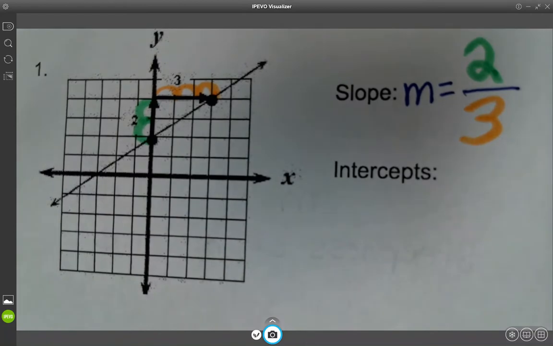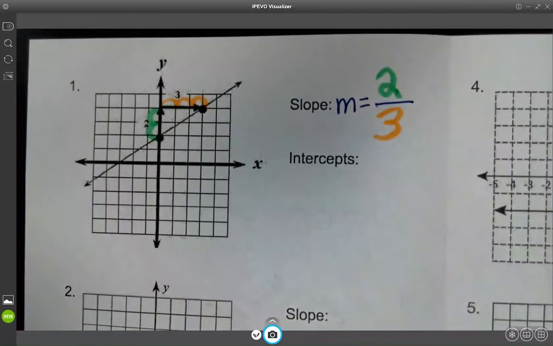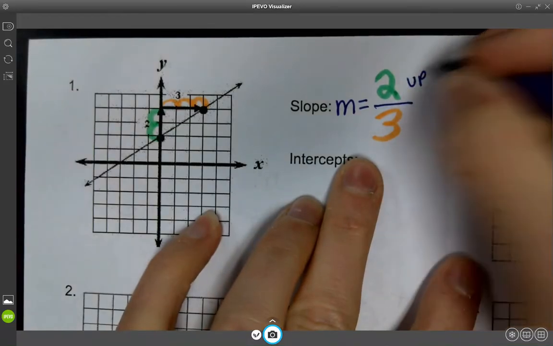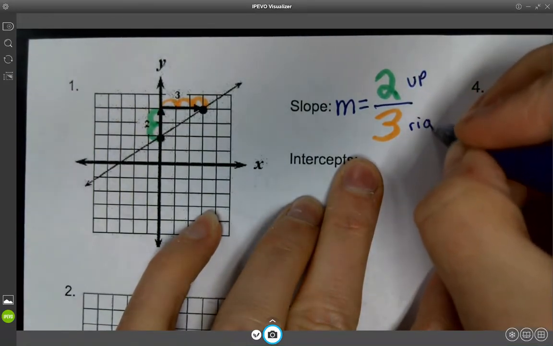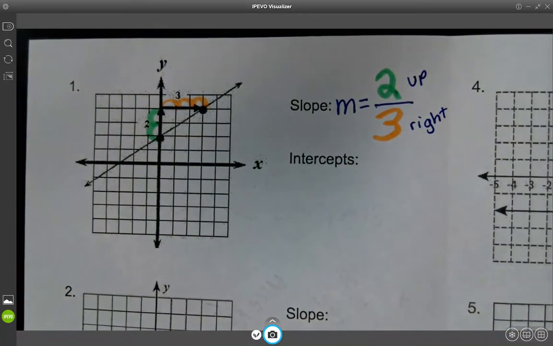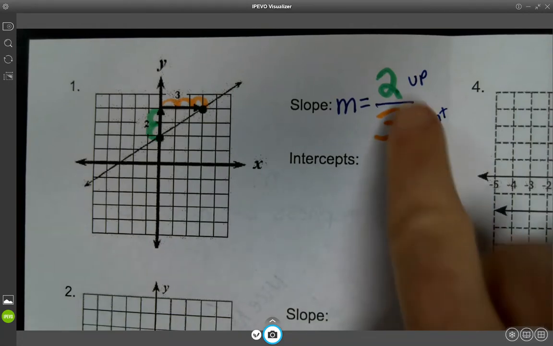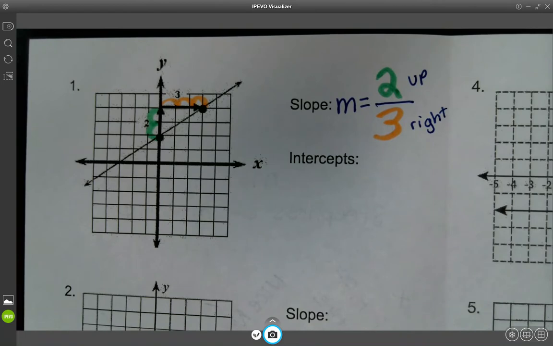So we're going to use our highlighters over and over again. So rise 2, so that meant up 2 and right 3. 2 up, 3 right. So go ahead and write that. So our slope is just 2 over 3. M equals 2 over 3.